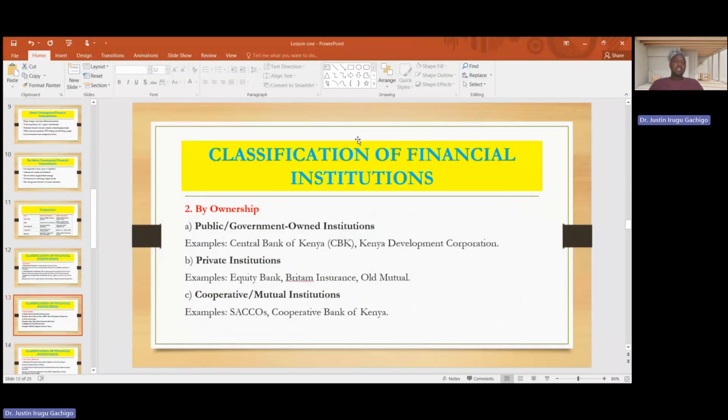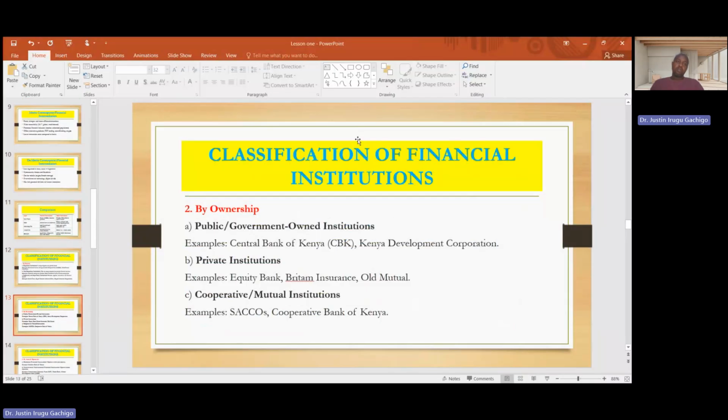Then the second classification is by ownership. So by ownership, we have public or government-owned institution. So these are, for example, you have the Central Bank of Kenya and Kenya Development Corporation. So these ones are solely owned by the government. Then we have private institutions.